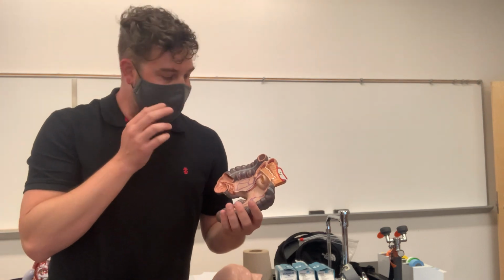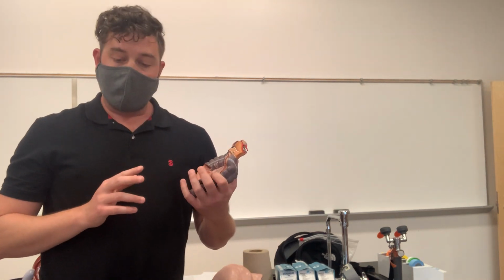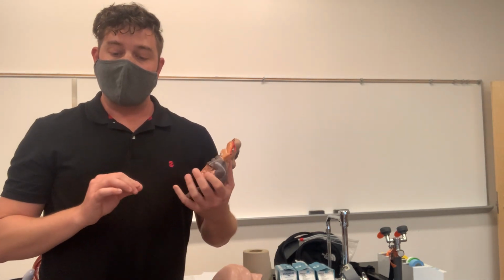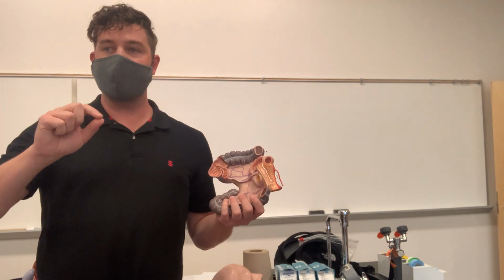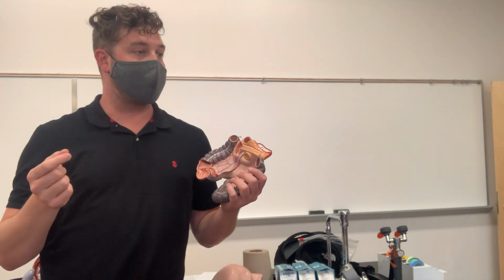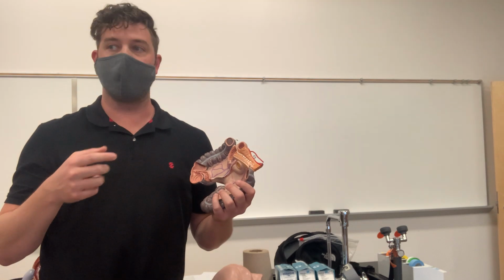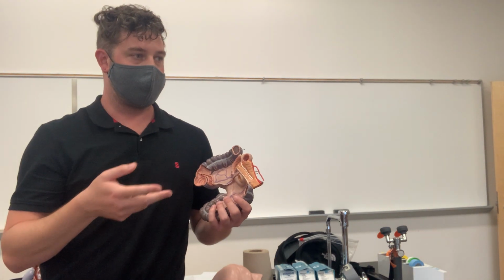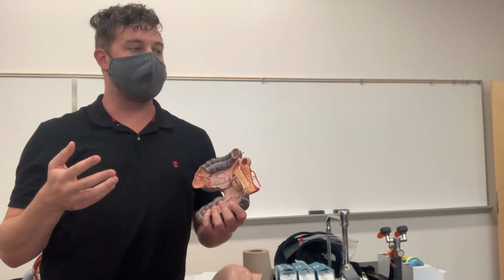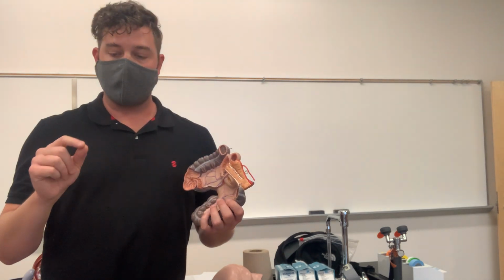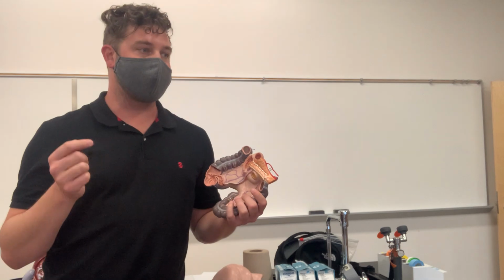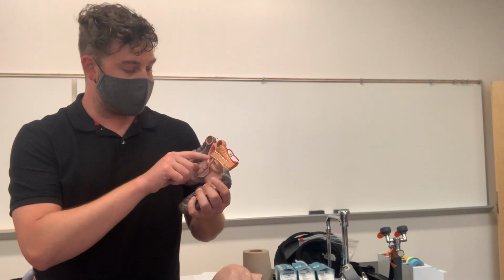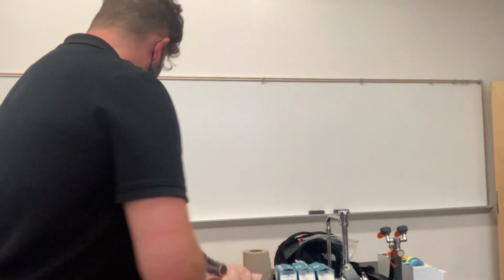The hepatopancreatic sphincter is going from your pancreas into your duodenum. Because that's where in your duodenum you have the chyme mixing with your pancreatic juices and your bile. The pancreatic juice and the bile enter the duodenum through the hepatopancreatic sphincter, which is just a little, and even on this one you can't see it.